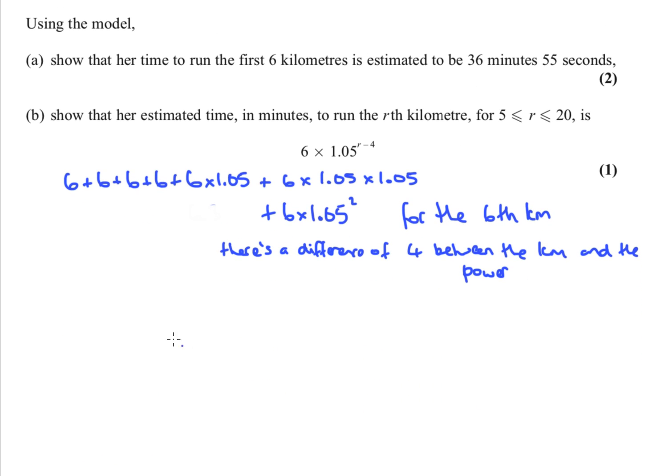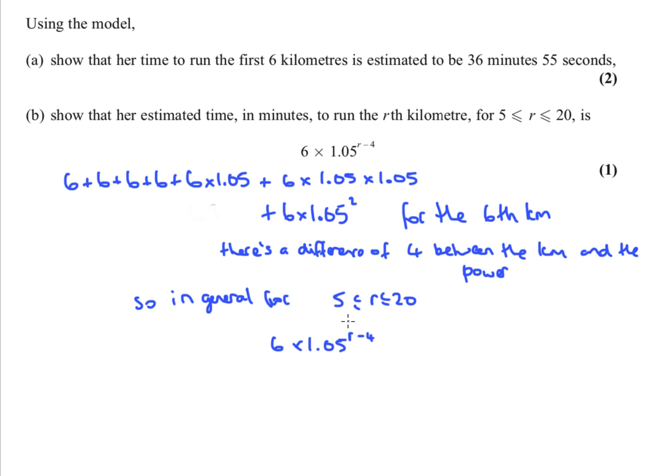So in general, for r being between 5 and 20, it's going to be 6 times 1.05 to the power of the kilometre number that she's on, but minus 4. Which is what they've got here.